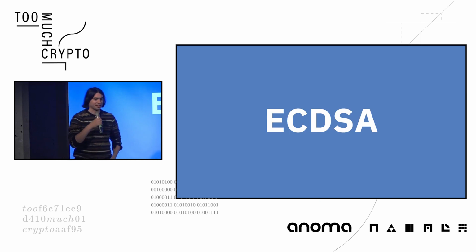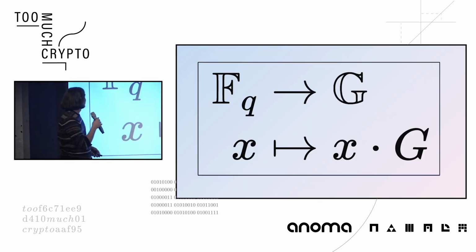So ECDSA, everybody's favorite signature algorithm. First of all, I'm going to explain how elliptic curve cryptography works to you in 10 seconds. So you have scalars on the left, that's the F. You have a group on the right, which is points. You can add and multiply and divide scalars. You can add group elements, addition, right?